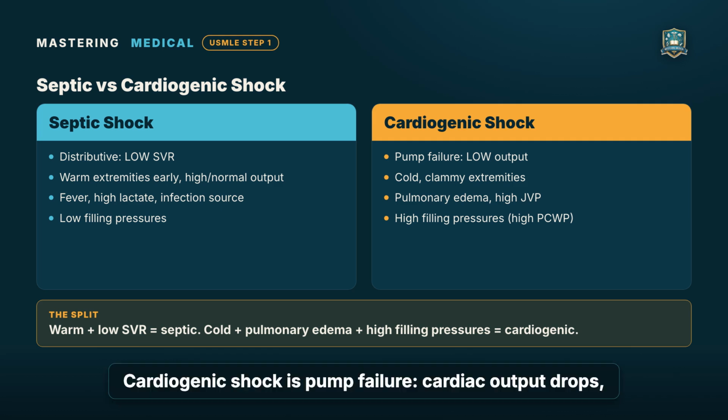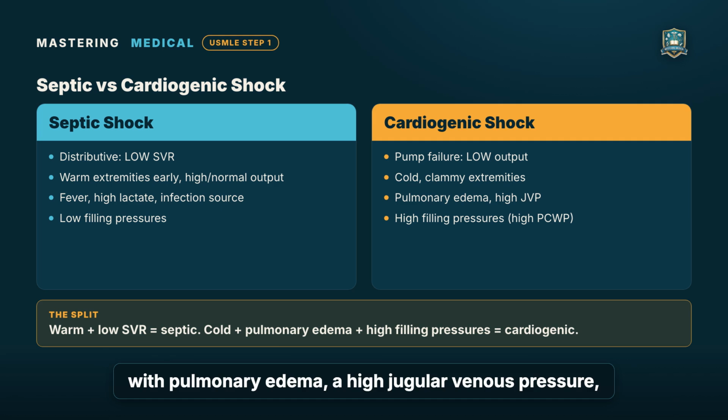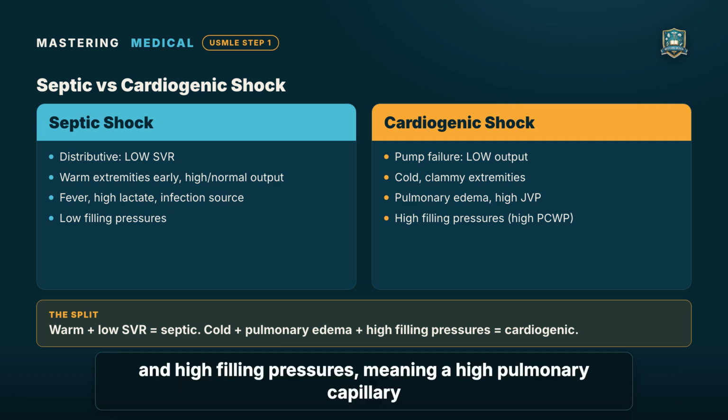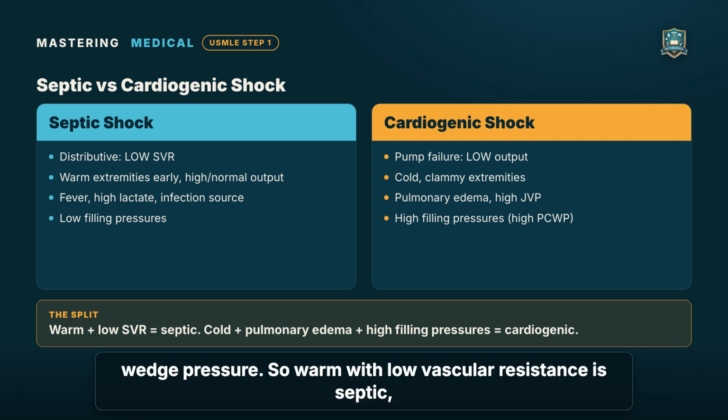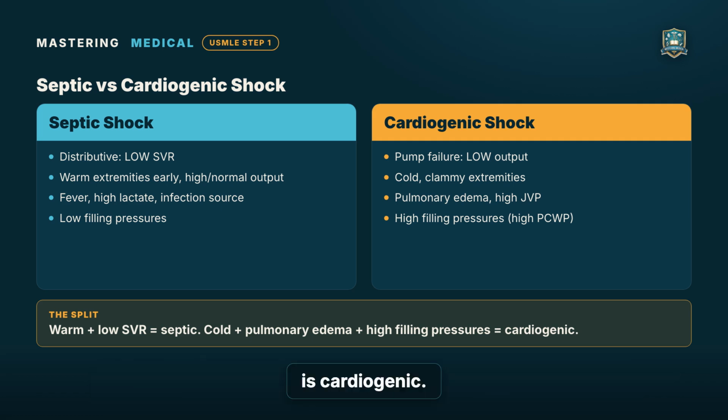Cardiogenic shock is pump failure. Cardiac output drops, so the patient is cold and clammy, with pulmonary edema, a high jugular venous pressure, and high filling pressures, meaning a high pulmonary capillary wedge pressure. So warm with low vascular resistance is septic, while cold with pulmonary edema and high filling pressures is cardiogenic.